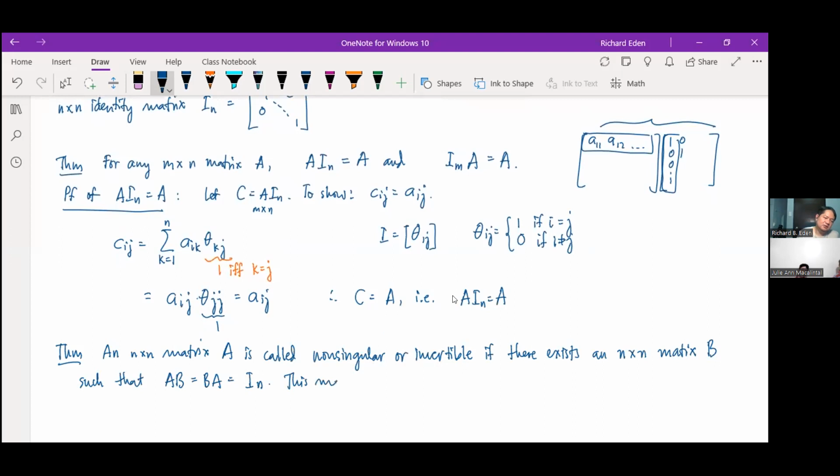This matrix B is called an inverse of the matrix A.